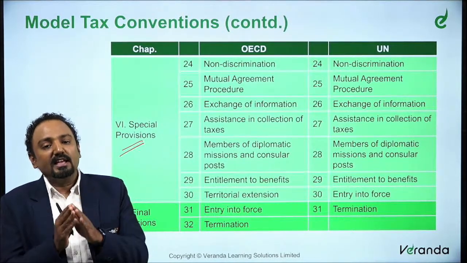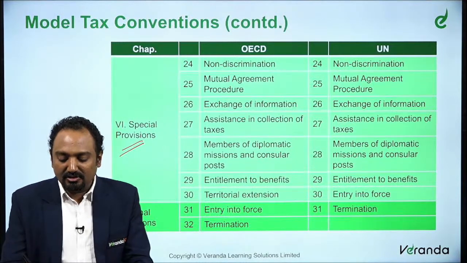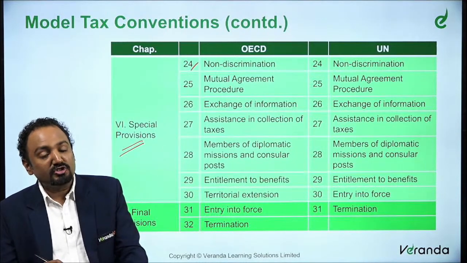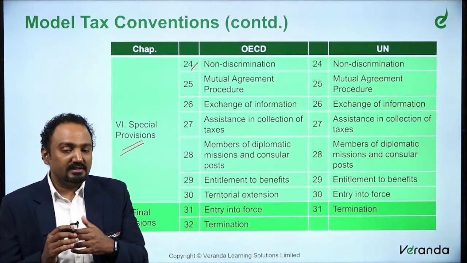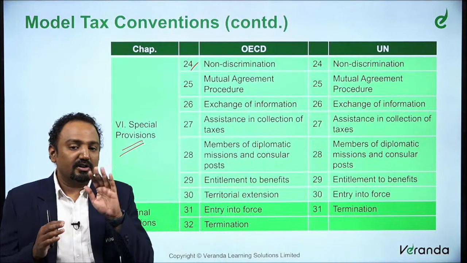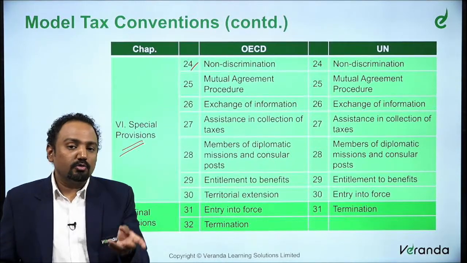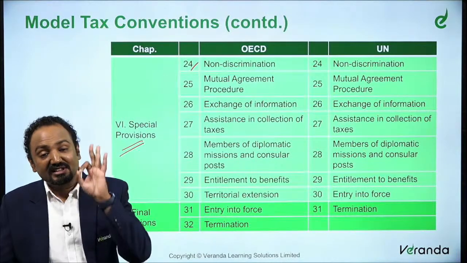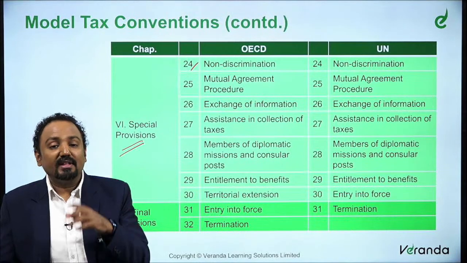We are going to see certain provisions which are not for double taxation. The first one is article 24, which is called non-discrimination. We have discussed this several times. What did we say? We cannot discriminate between a non-resident and a resident in treatment. Article 24, both in OECD and UN, stresses the fact that taxation cannot be biased.